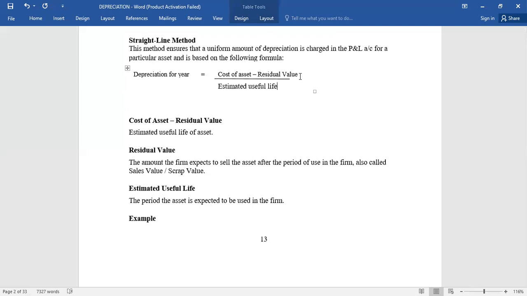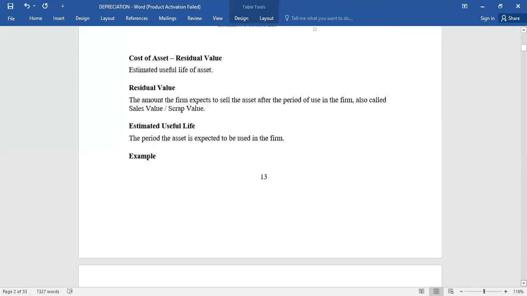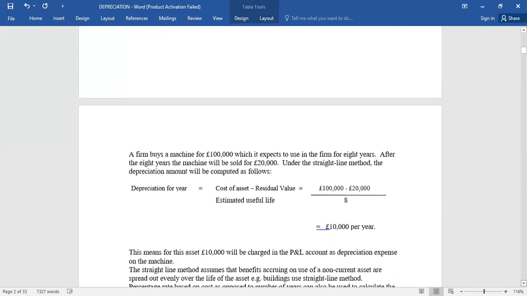For example, if you purchase a motor vehicle at 1 million, and you expect to sell it at 500,000 after 5 years, then your 500,000 is the scrap value. So it is the estimated sales value. The estimated useful life is the period the asset is expected to be used in the firm. Could be 3, could be 5, could be 10 years, depending on the nature of the assets.